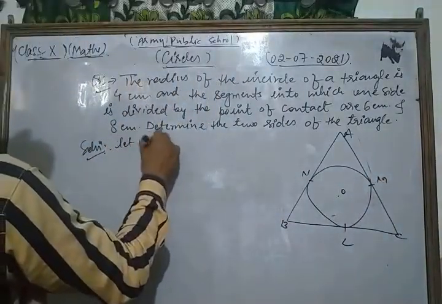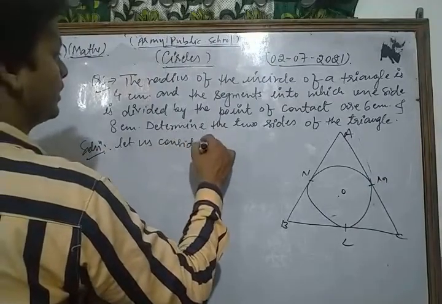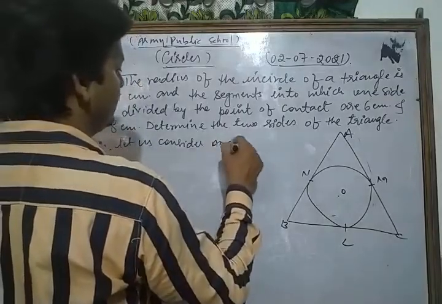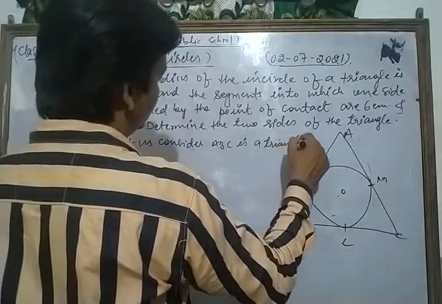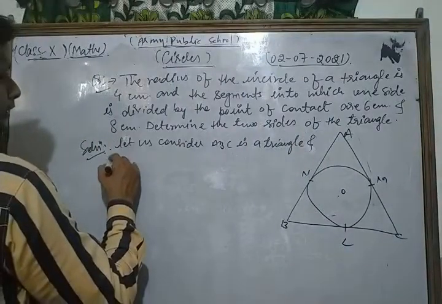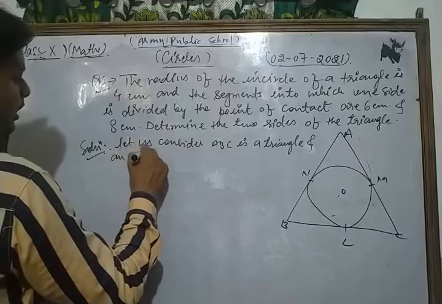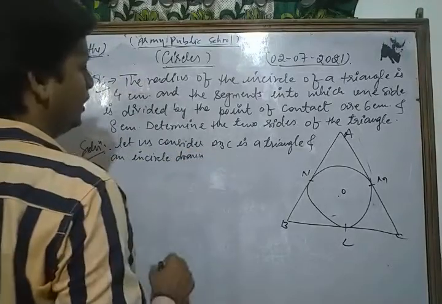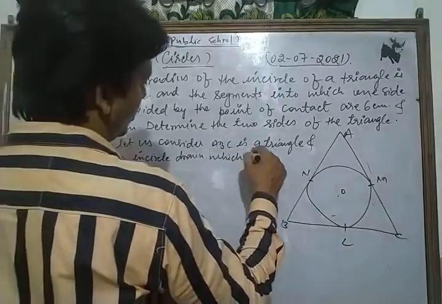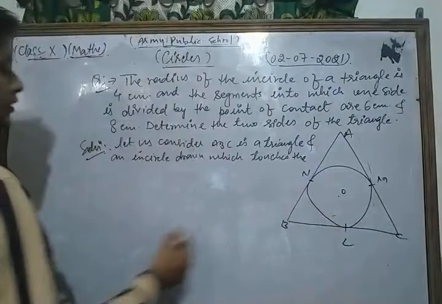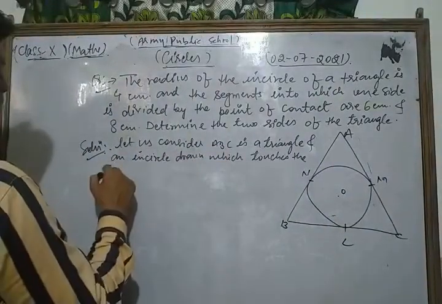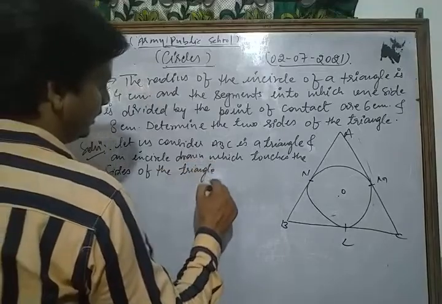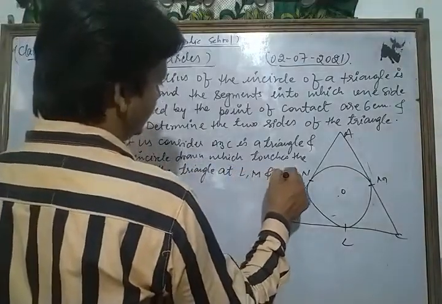Let us consider ABC is a triangle and an incircle is drawn, which touches the sides of the triangle at L, M and N respectively.